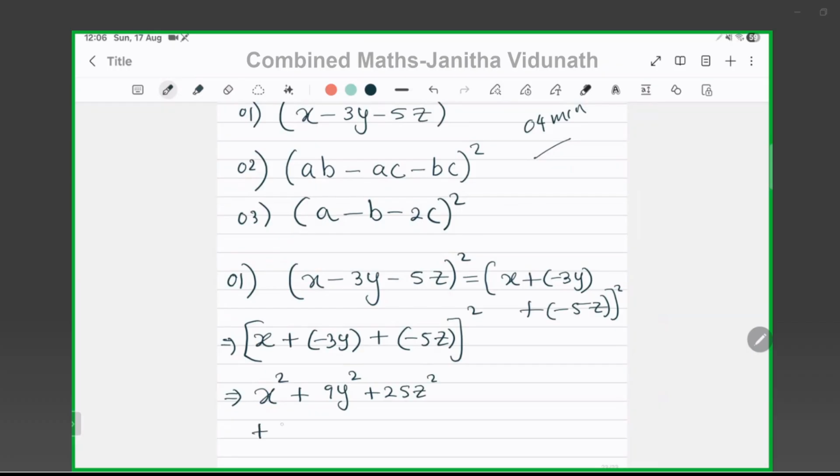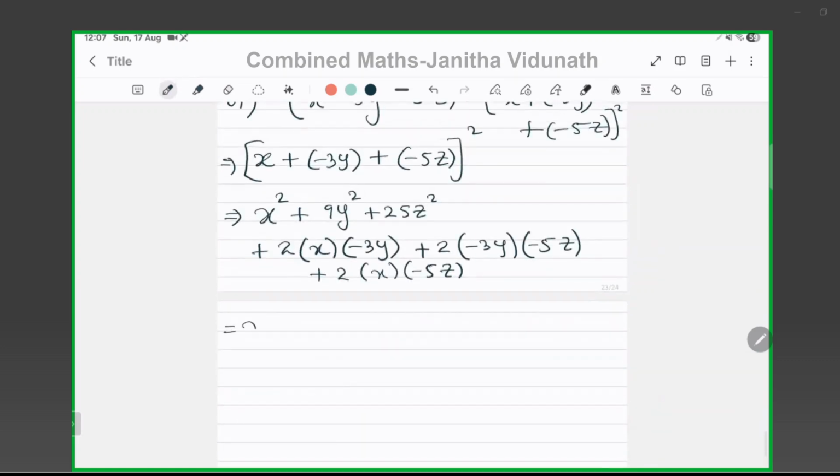Then we get 2 times first term times second term and 2 times second term times third term and 2 times first term and last term.